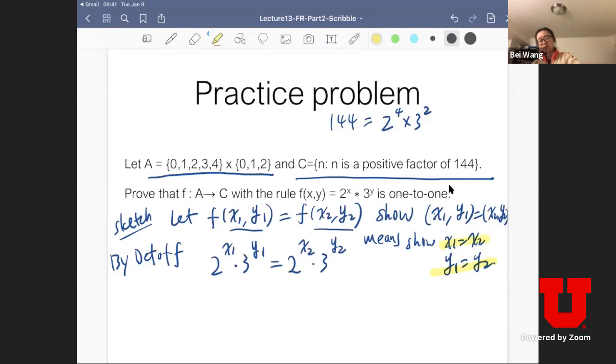I have on the left-hand side a factorization of some number, and on the right-hand side a factorization of some number. And both are factorizations of 144. But we want to show that there essentially is a unique way to factor 144. At the center of this is the fundamental theorem of arithmetic, or the unique prime factorization theorem.